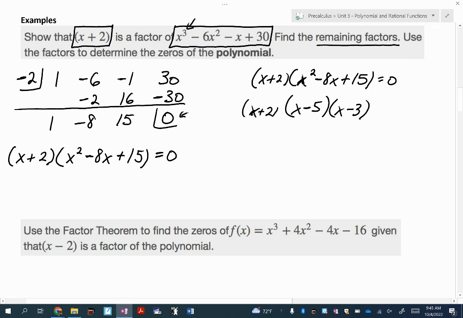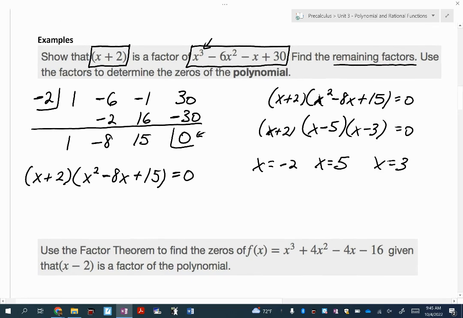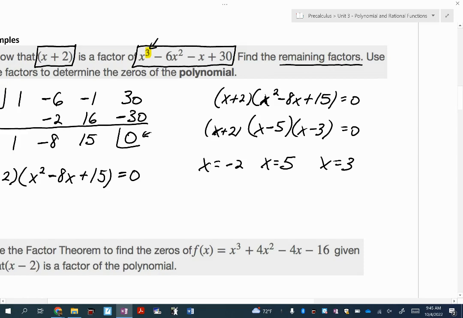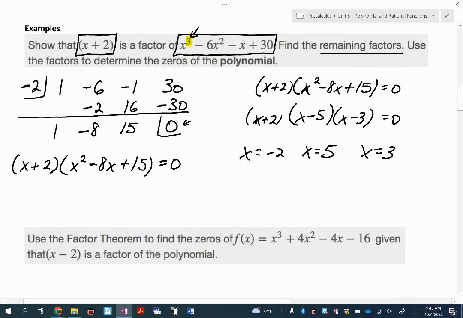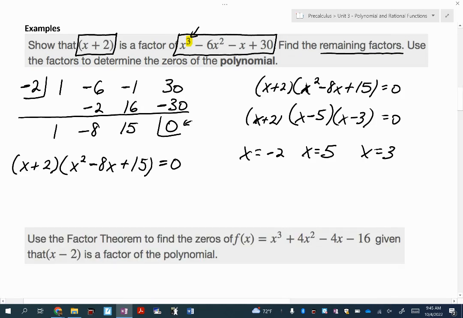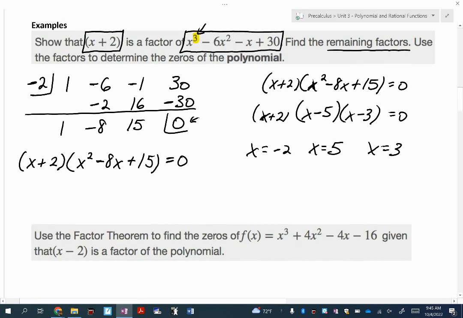All right, so on this one, I end up getting 3 total roots or zeros: -2, which I already knew, 5, and 3. And that should not surprise you because this is a cubic polynomial, right, x cubed. So when I graph it, I should touch or cross the x-axis 3 times, hopefully. You'll see later on how that might not always be true.